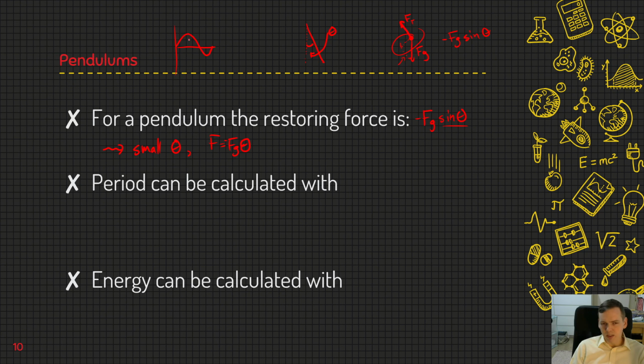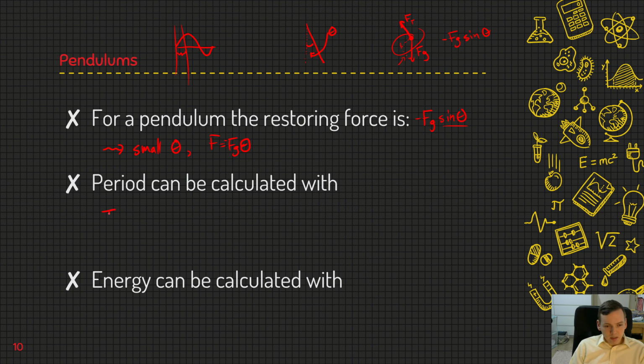So if we're dealing with just this first section, which is what we're going to primarily deal with, then you can simplify it as Fg theta. You don't really need to know this for the AP test, but it's called the small angle approximation, and it will come up in later physics courses. I just wanted to introduce that idea here.